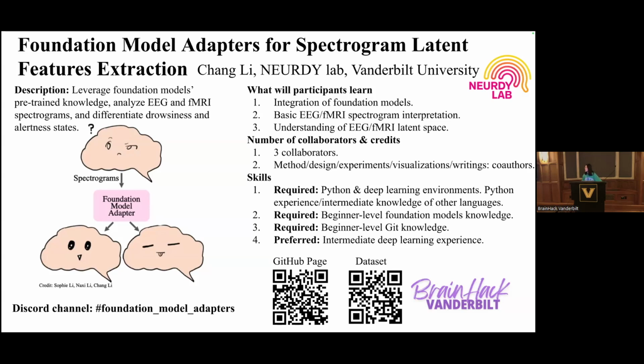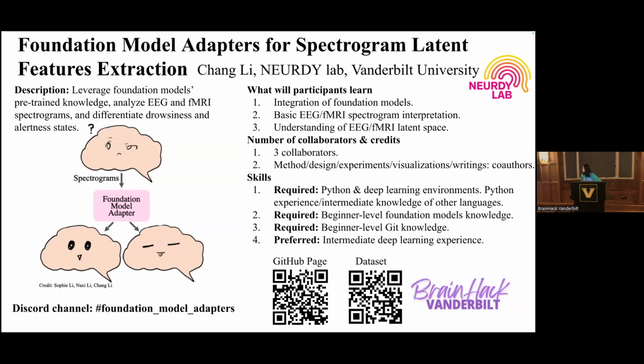So our project objective is that we have the accompanying EEG and fMRI data, and we're seeking a method to train a model to predict the vigilance states from the fMRI data alone. That is something the model can learn from the EEG data. For the EEG data, the spectrogram provides a very direct visualization of the person's brain signals.